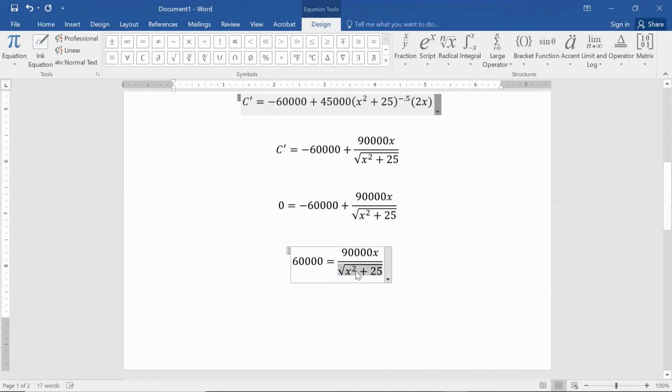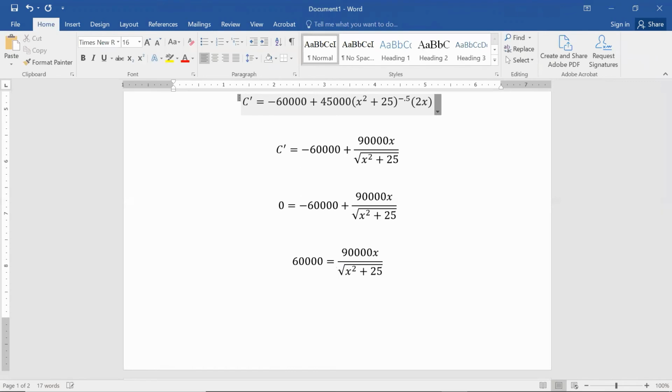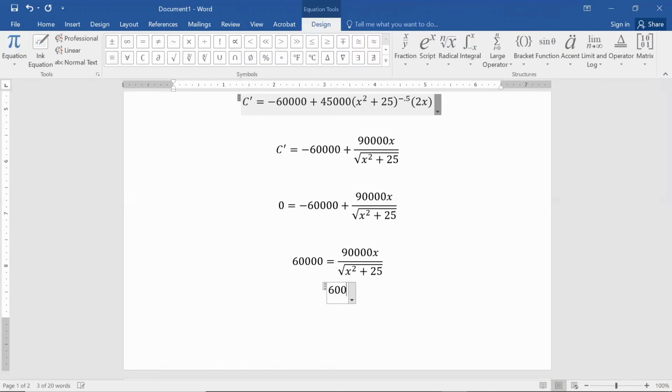I'm going to multiply by this square root on both sides. That's going to give me 60,000 times the square root of x squared plus 25 equals 90,000 x.